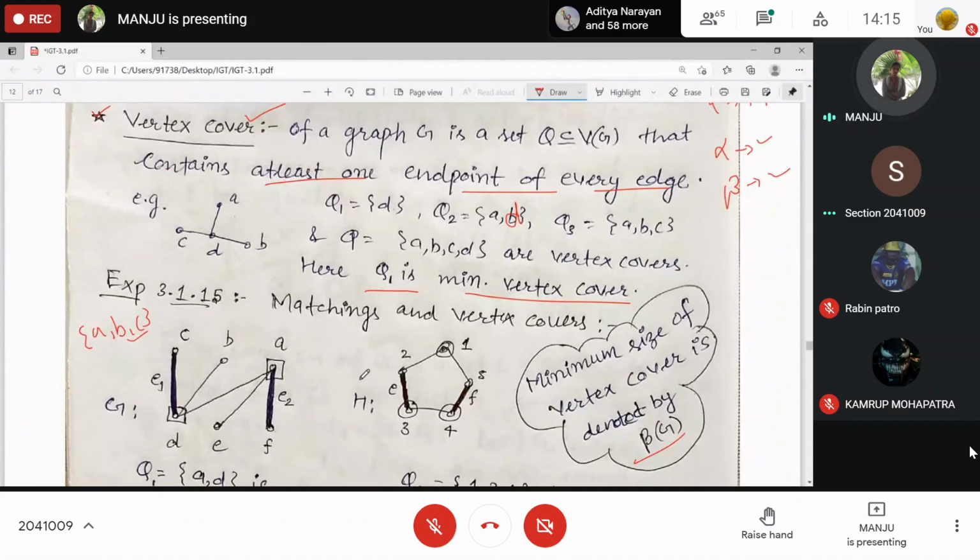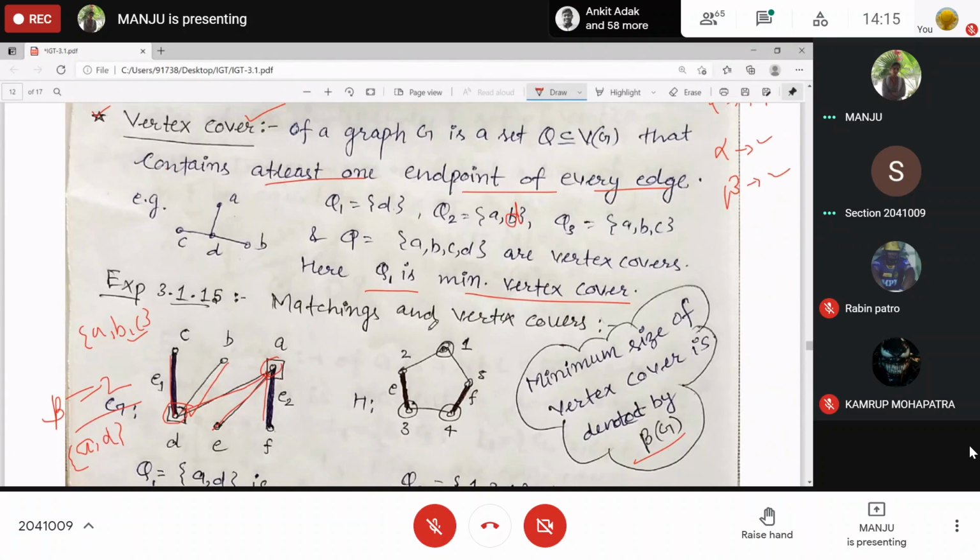Any two vertices? If you take A and D, they are covering every edge. So minimum is this, right? Yes, ma'am. So beta will be 2. Clear? And the vertex cover is A comma D. Is that clear, everyone? Yes, ma'am.